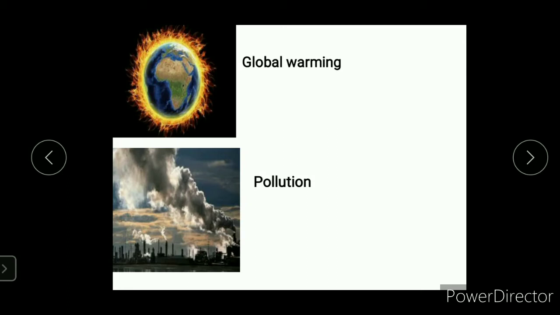See, our reckless exploitation of resources on the Earth led to many environmental issues. This is global warming. This is one of the issues which have occurred with our activities. It is a part of the environmental crisis. And the second one, you can see that here many industries are letting out their emissions into the air, which led to pollution.